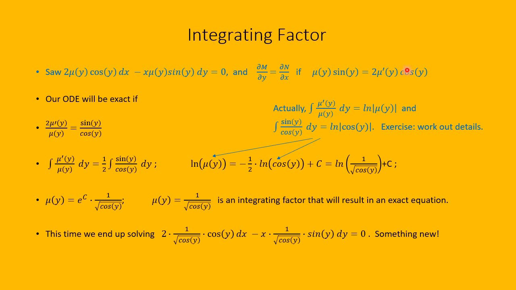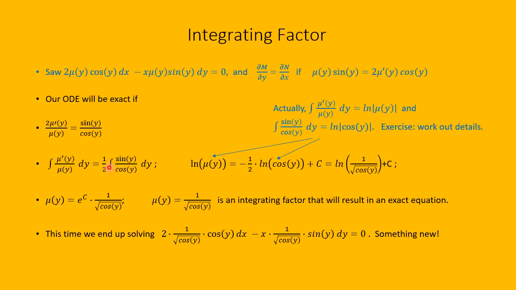Let's get mu prime and mu on one side of the equation and the other stuff on the other side. So our differential equation will be exact if 2 mu prime over mu equals sine of y over cosine of y. Then we'll integrate both sides of that with respect to y, also multiplying both sides by half.